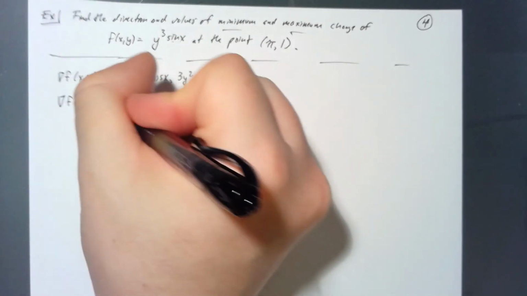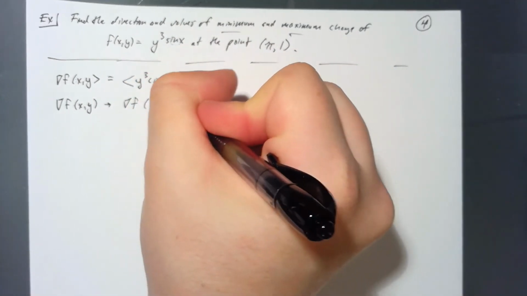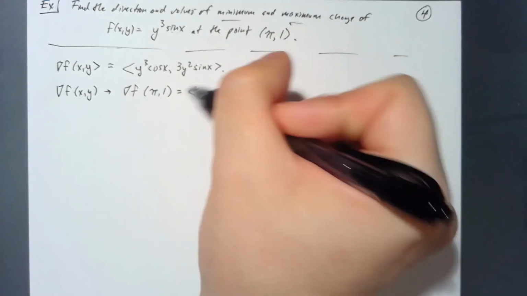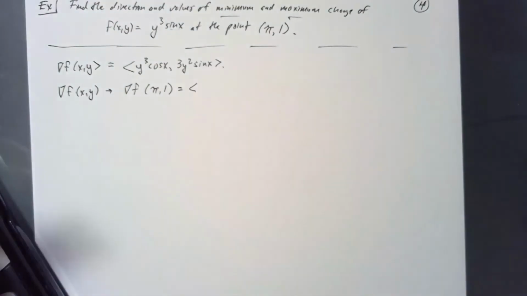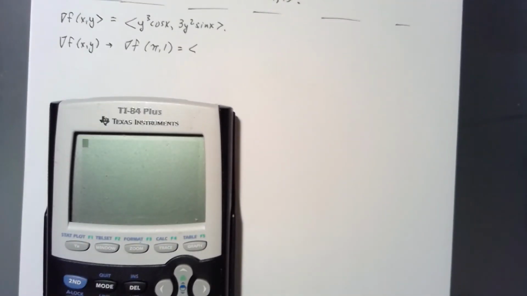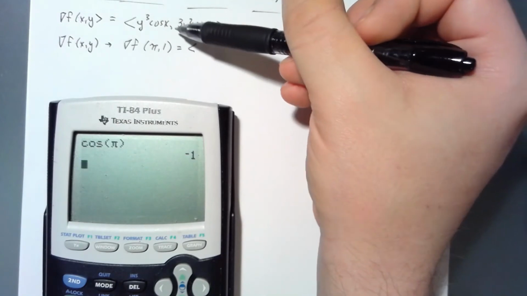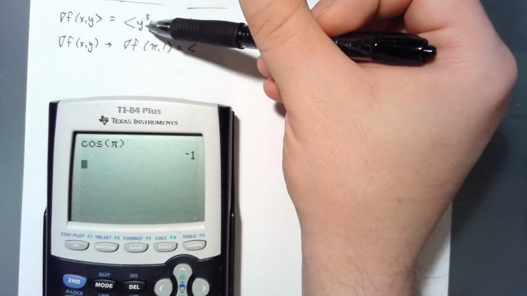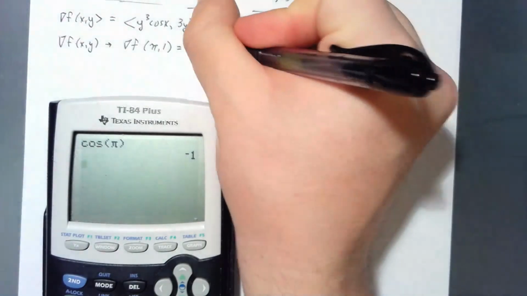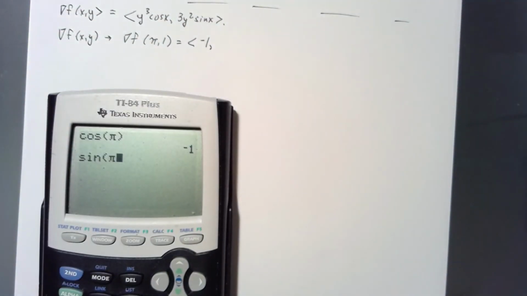Okay, so now the gradient at the point (pi, 1) is equal to what? Plug those in here. So cosine of pi is what? -1. So I have cosine of pi, which is -1, and then 1 cubed, so it's 1 times -1, which is -1 for the first coordinate. And then what's sine of pi? 0.